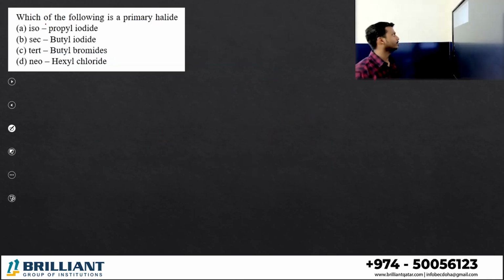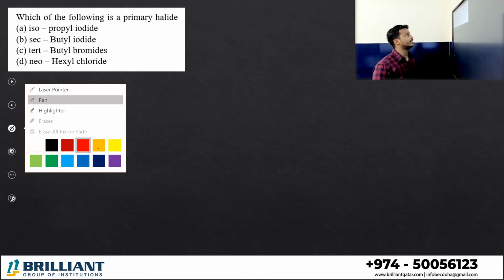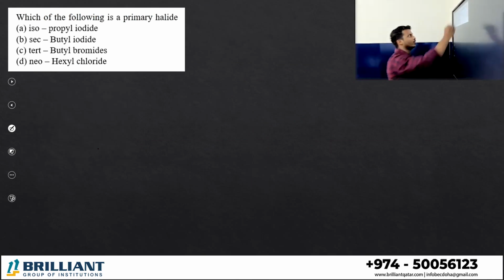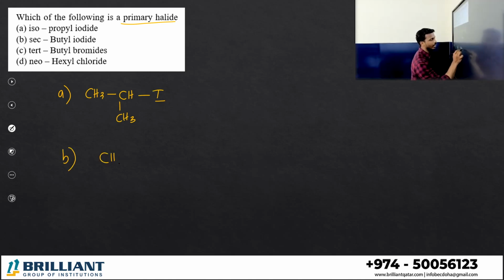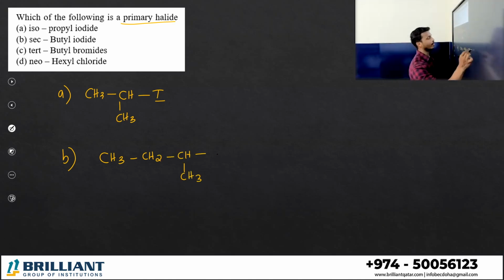Okay, next one. Which of the following is a primary halide? Option A. What is the isopropyl group? One CH group connected to 2 CH3 groups is called isopropyl iodide. Option B. Sec-butyl. What is sec-butyl? CH3CH2CHCH3. This is called sec-butyl iodide.